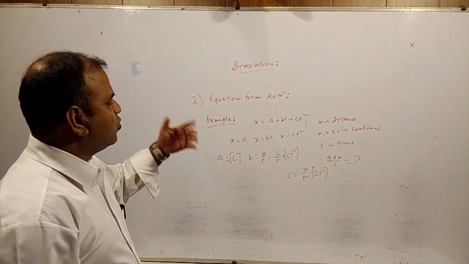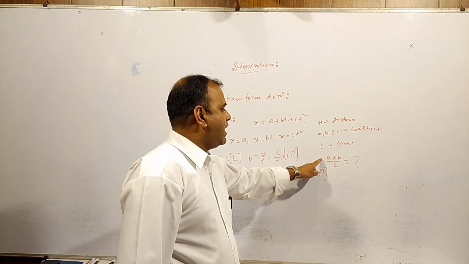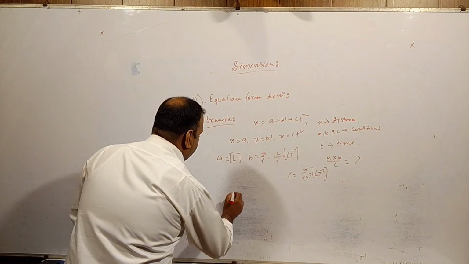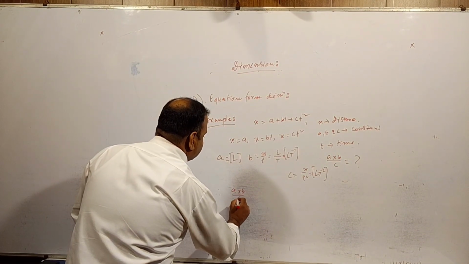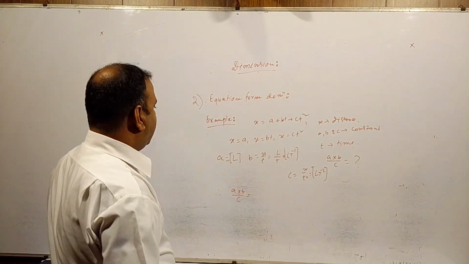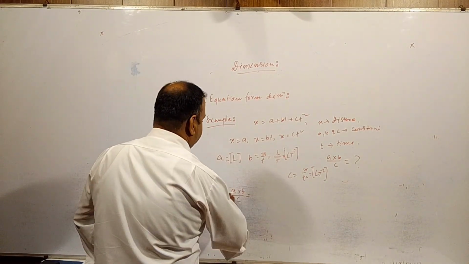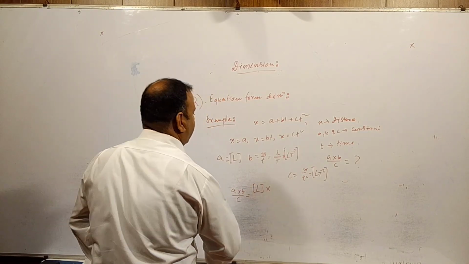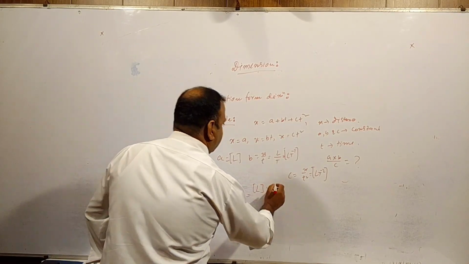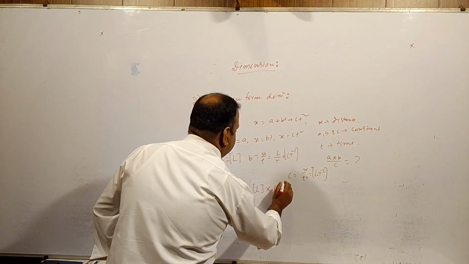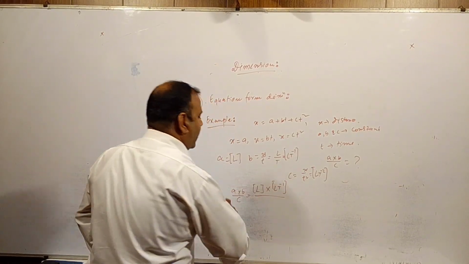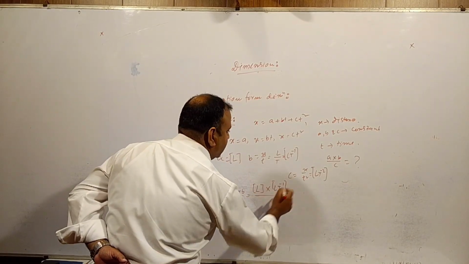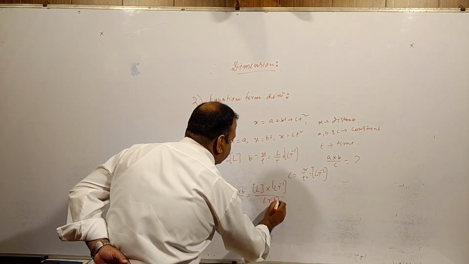But according to our question, we have to calculate the dimension of a cross b divided by c. So remember, a cross b divided by c is equal to a cross b divided by c. The value of a is dimension L, multiplied by b, which is L T to the power minus 1, divided by c, which is L T to the power minus 2.